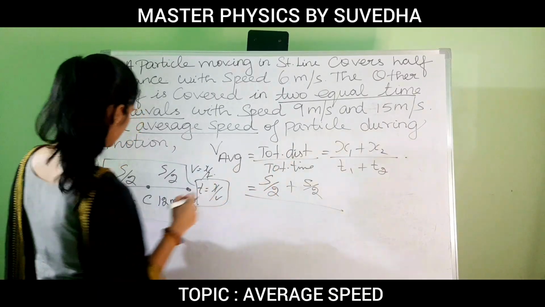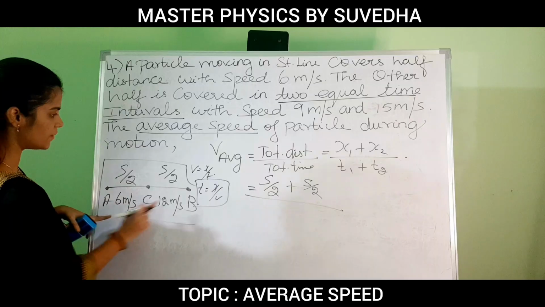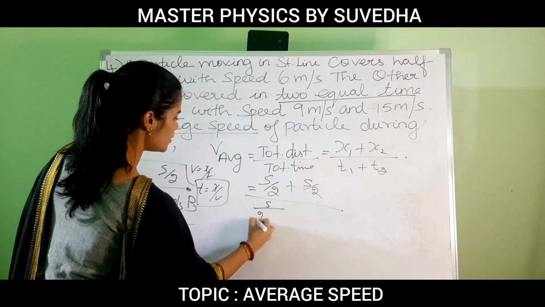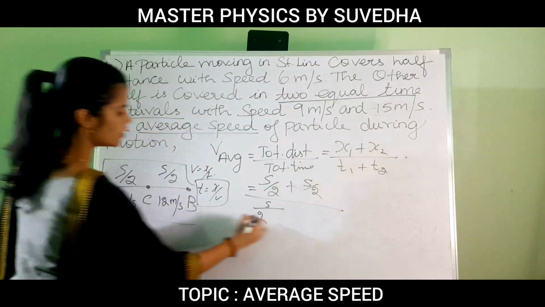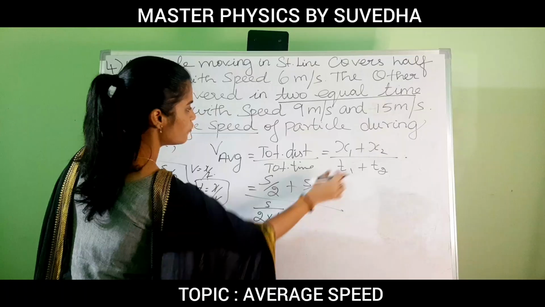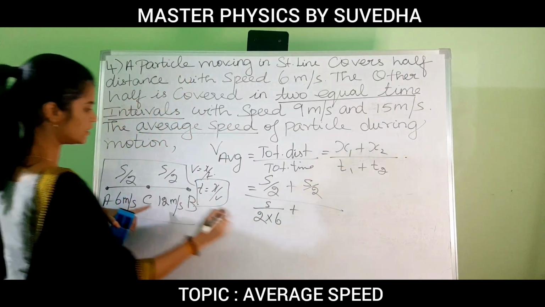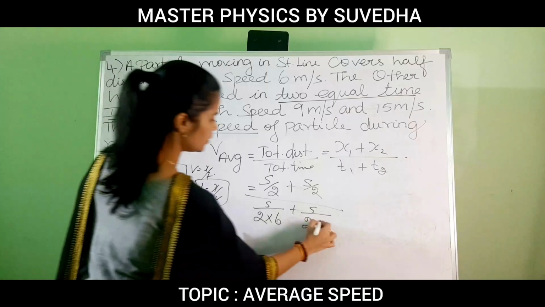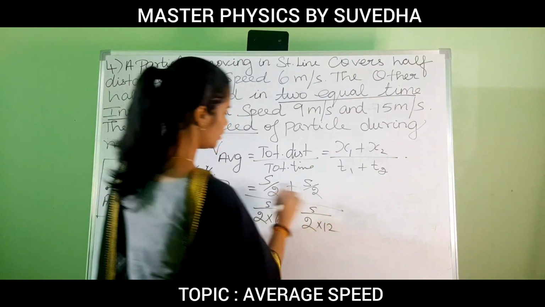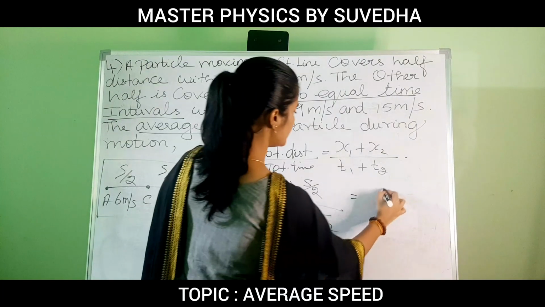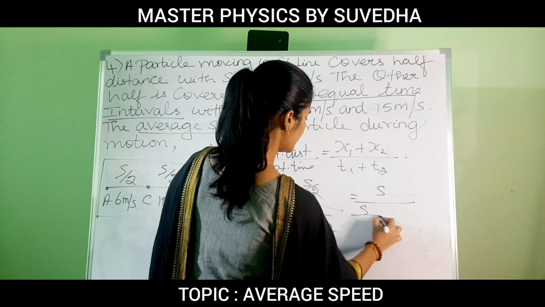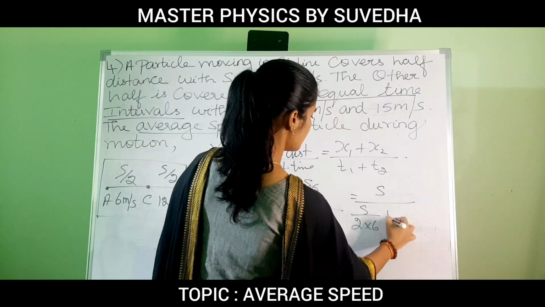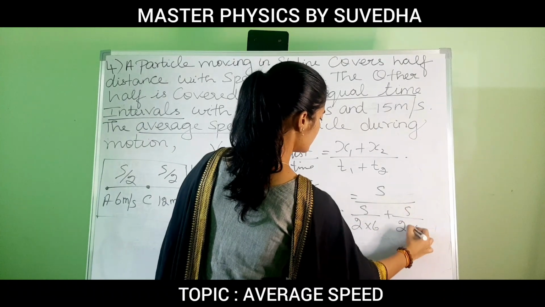Now for T1, consider the first segment with distance S by 2, and the speed is 6. For T2, again the distance is S by 2, and the speed is 12. Now S by 2 plus S by 2 gives the numerator, and the denominator is S by 2 over 6 plus S by 2 over 12.